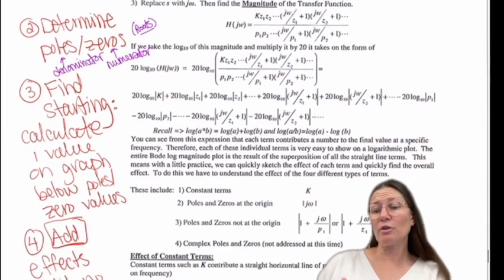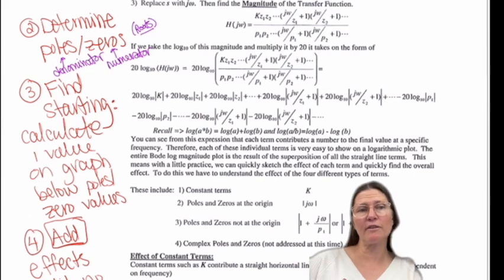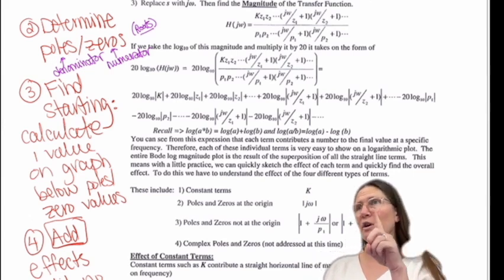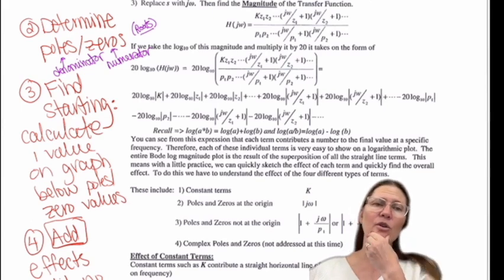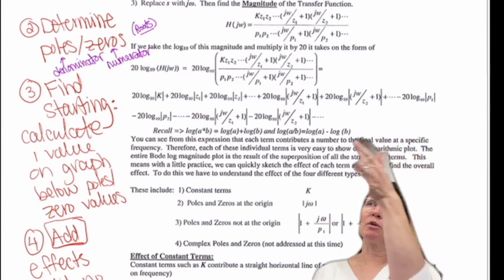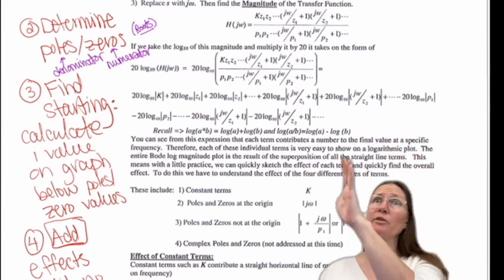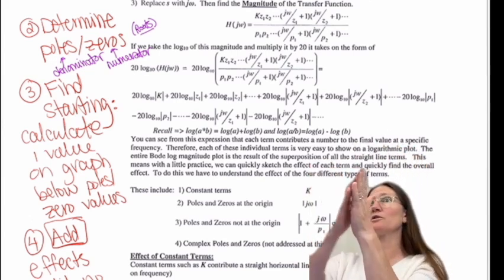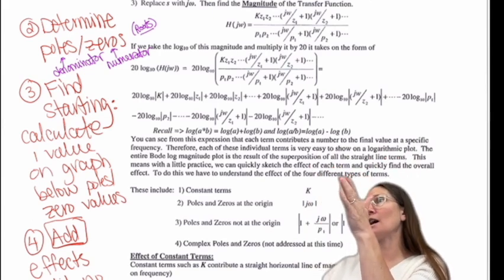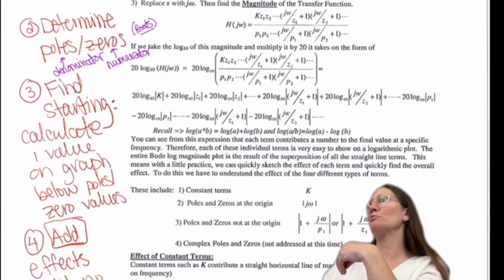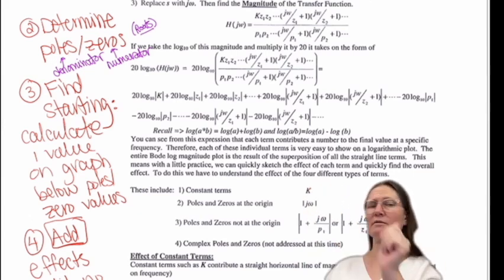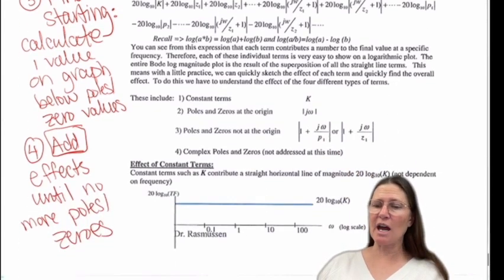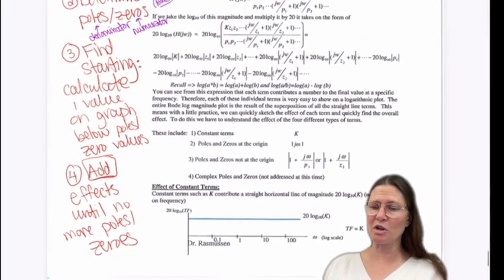Then you're going to find a starting value. You're going to calculate one value on the graph. And then you're going to move from left to right through the poles and zeros in order of lowest to highest, and look at the effect it has. Add on the slope change it has at each of those frequencies. And so you just add the effects until there are no more poles or zeros.